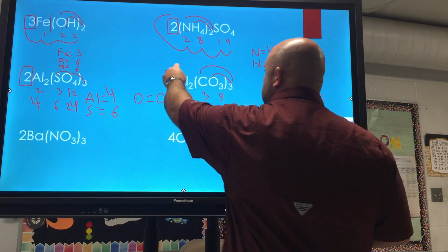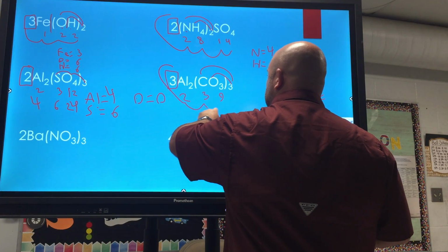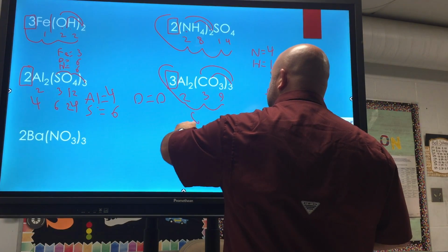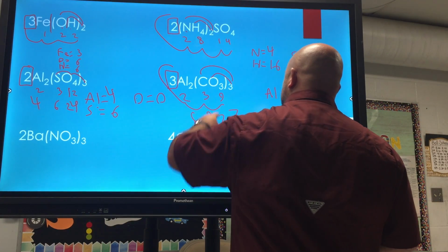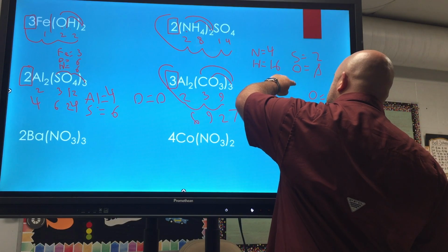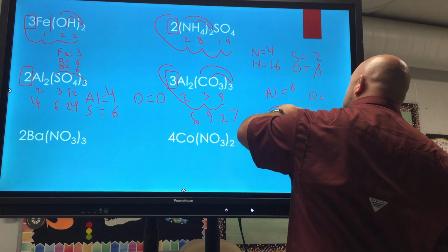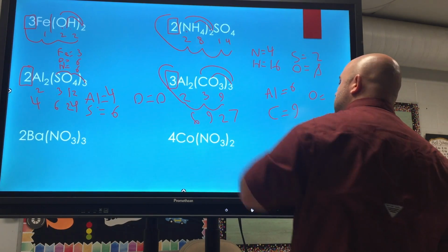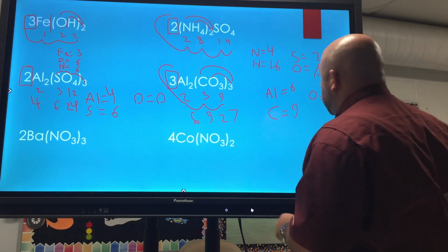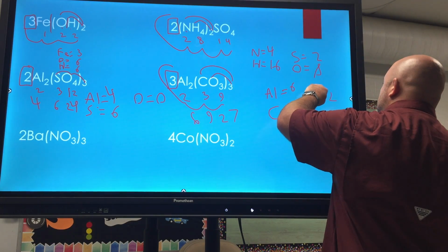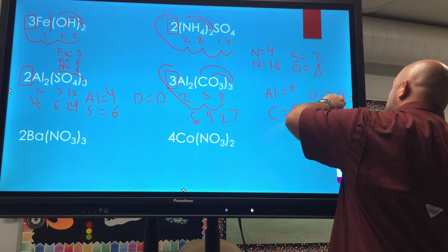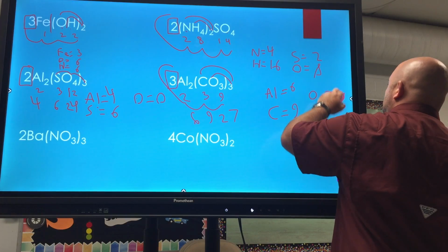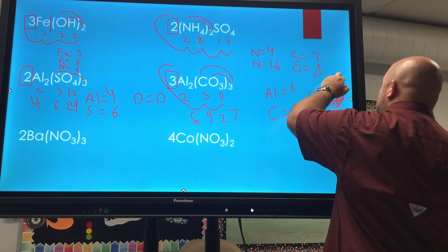Oh, now let's take this 3 out of the box and apply it to the rest of the problem. 3 times 2, 6, 9, 27. All right, so there's 6 aluminum, 9 carbon, and 27 oxygen. Oh, that's not a 7. That's a scribble now. 27.